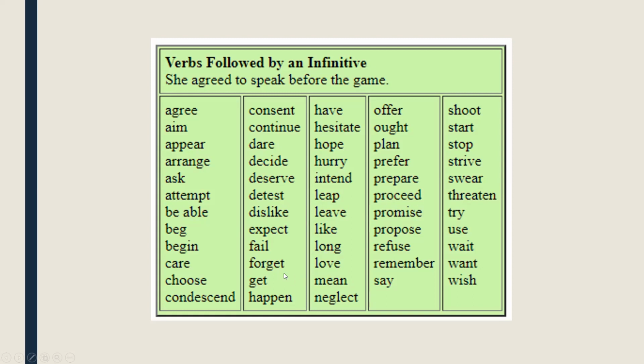So for example, choose to study, or prefer to study, plan to study, for example. Okay, want to study, like the verbs we saw on the previous slide. Okay, agree to study.